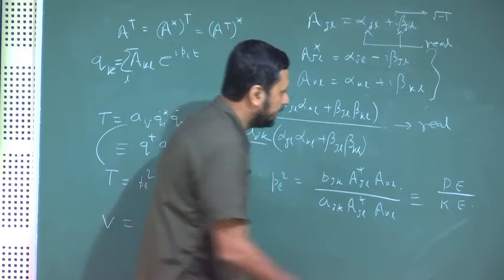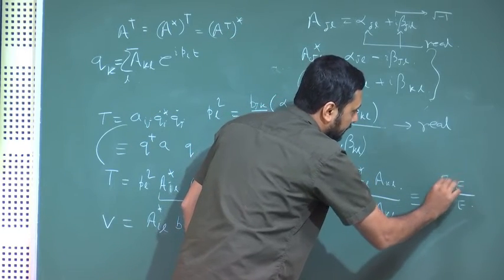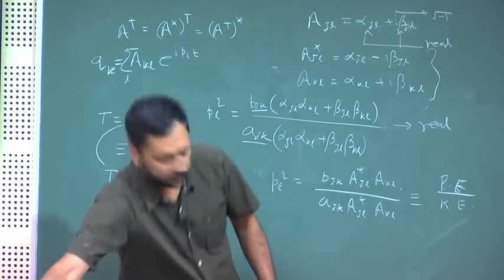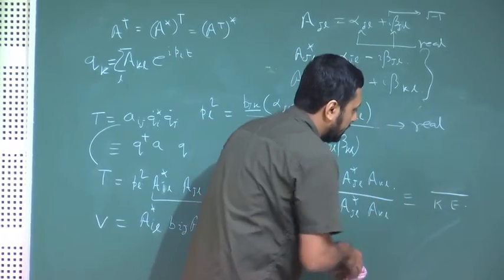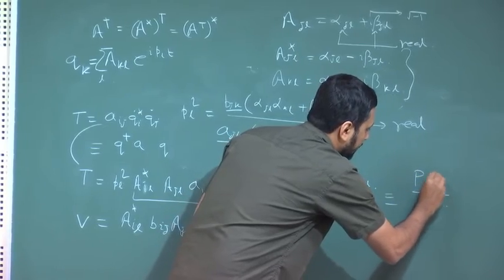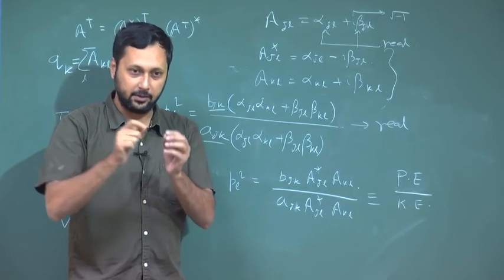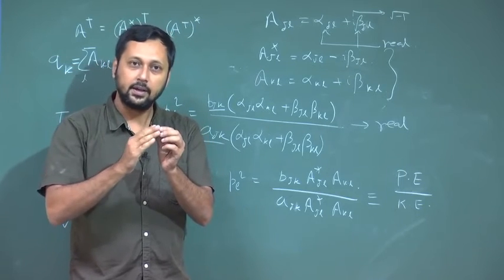And similarly, for the potential energy, please remember that for small oscillating systems we are working near the potential minima, and if the system is even slightly deviated from the minima, the potential energy it gains is a positive number.